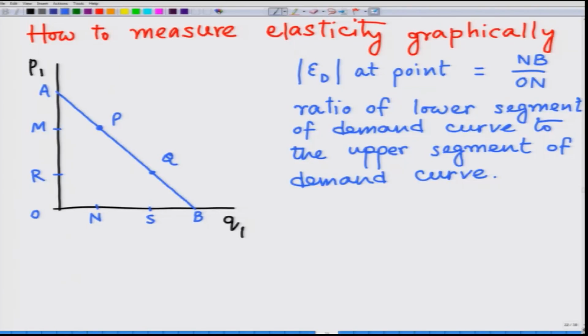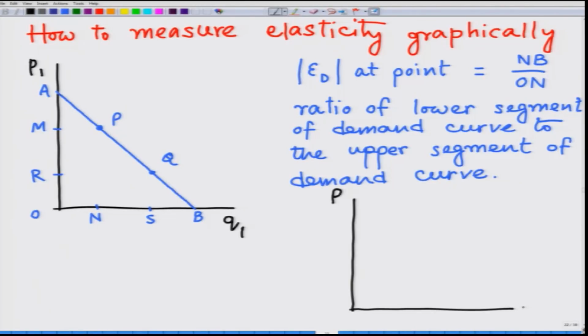Now, if we have a straight line demand function like this, as you can see, although the slope is constant along the straight line demand function, the PQ bundles are changing. So, of course, the elasticity value will also change, right.